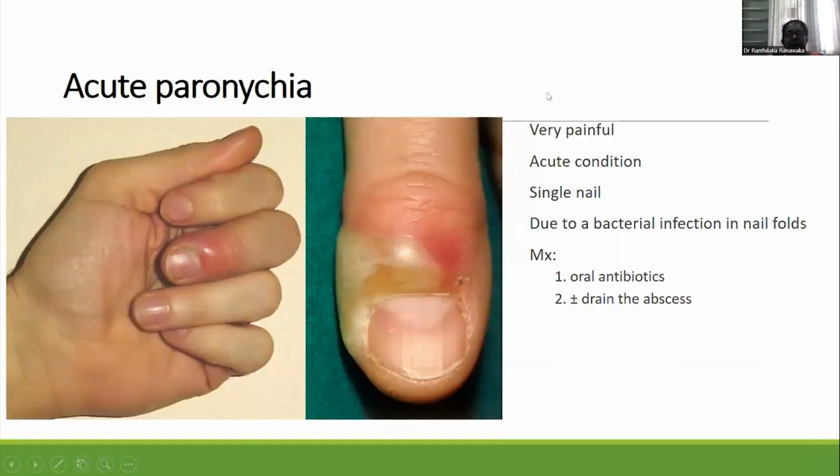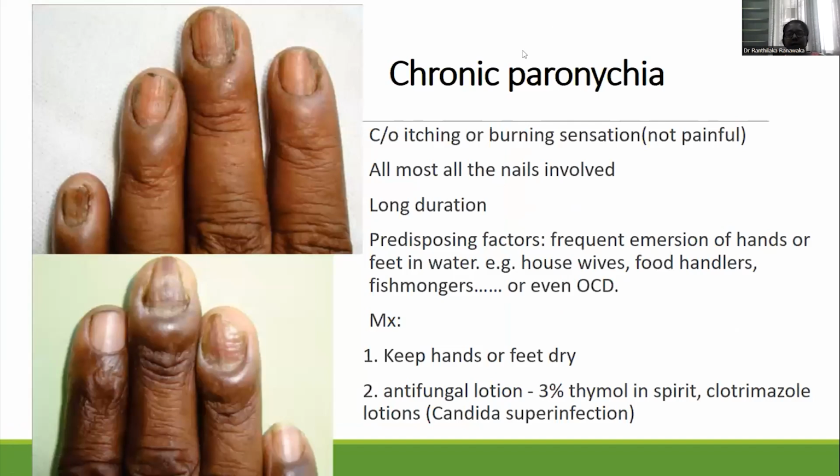So there are two types of paronychia, acute paronychia and chronic paronychia. Acute paronychia is a bacterial infection. It's very painful, an acute condition of 1 or 2 days, with single nail involvement. It's due to bacterial infection. So you treat with oral antibiotics and drain the abscess, right? That is acute paronychia. So what is chronic paronychia?